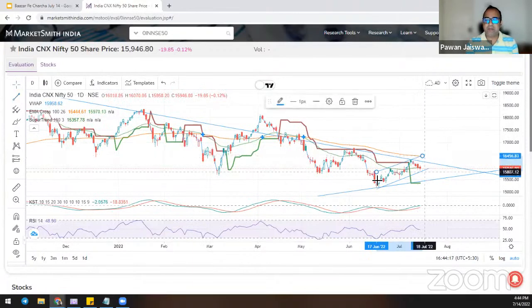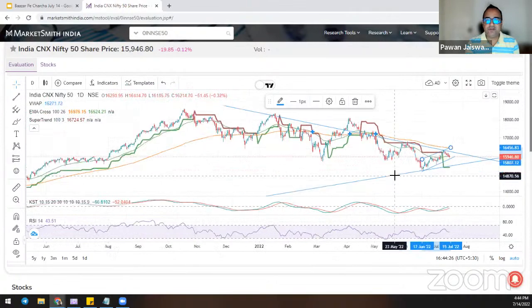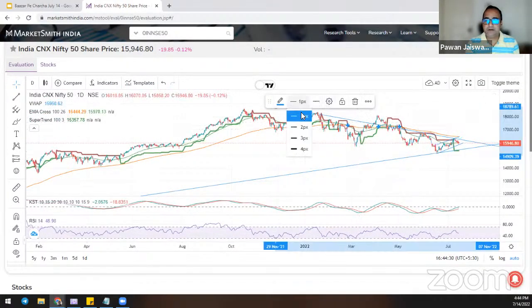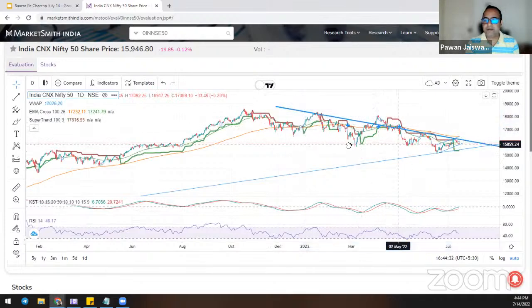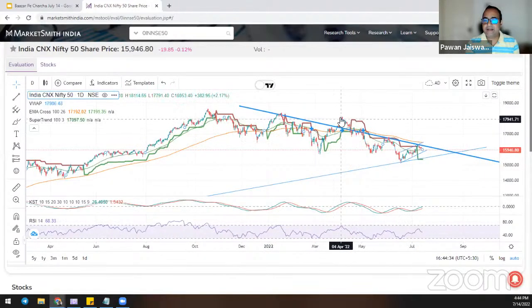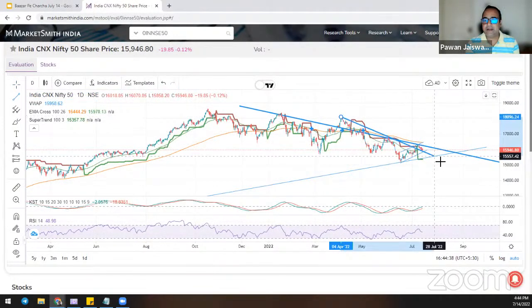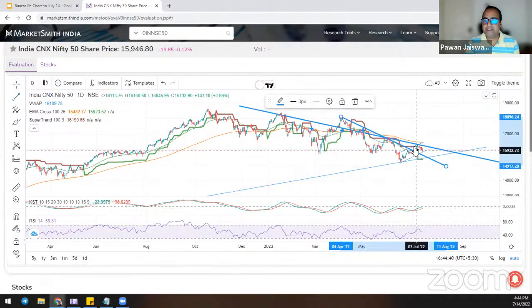For the last 1.5 months, the market is comfortably trending in this upward sloping parallel channel, but once again it has not crossed the trend line I have drawn at the top level here, this thicker one. It has crossed another trend line, but not the top one.